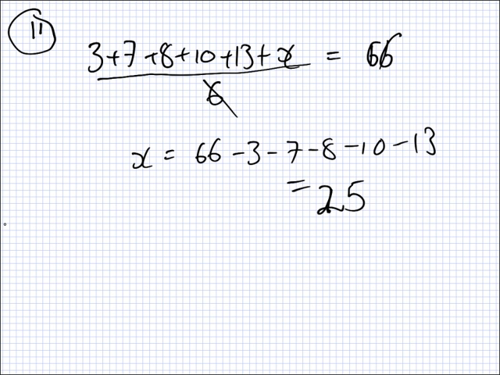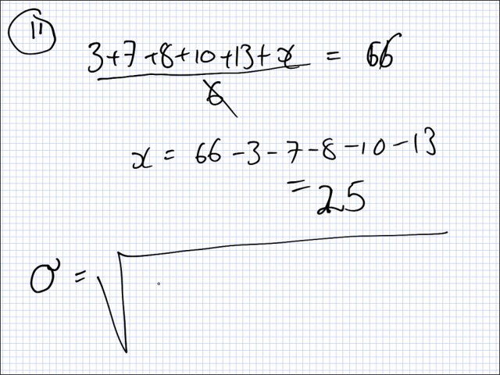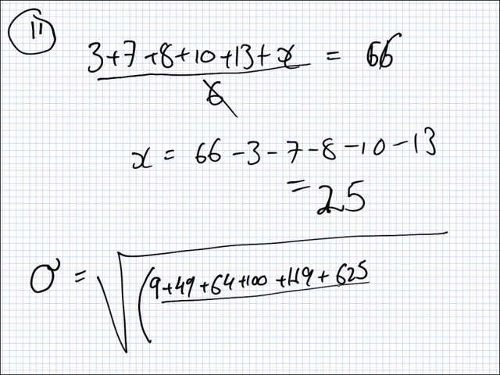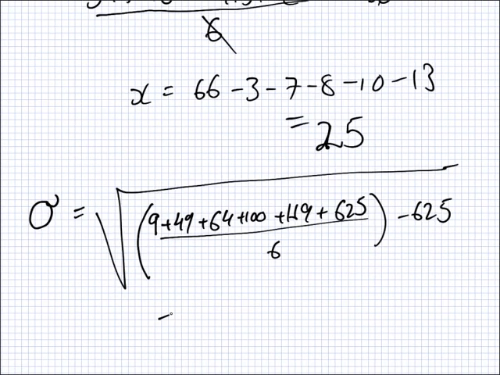Fine. So for standard deviation, we'll use the formula sigma equals square root. We have to get the average of the squares first, which would be 9 plus 49 plus 64 plus 100 plus 169 plus 625, over 6, minus the square of the average.